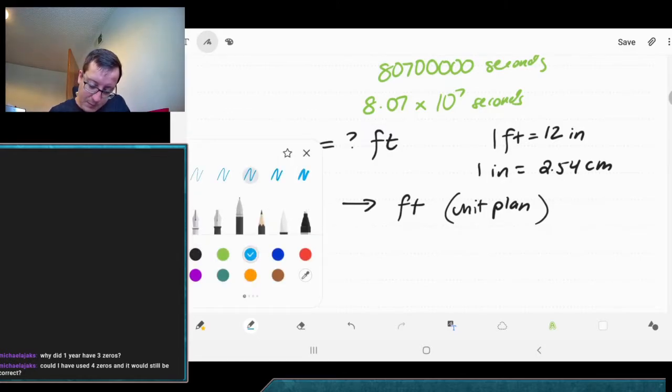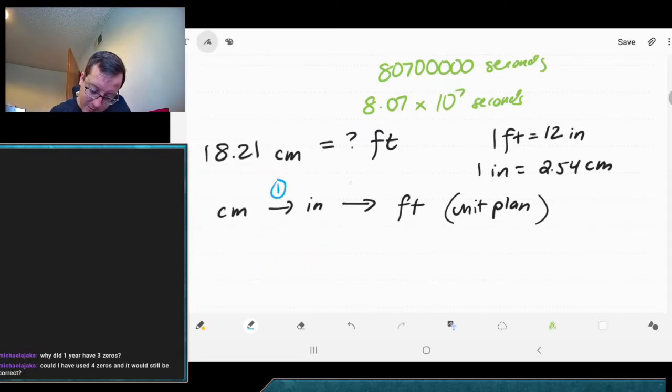It might be helpful for us to say, okay, we have two arrows in our plan, therefore we need two conversion factors. Let's see which one we should use where. So are we going to use the top one or the bottom one in that first conversion from centimeters to inches? I don't think it makes any sense to use the top one because there's no centimeters in that equality there.